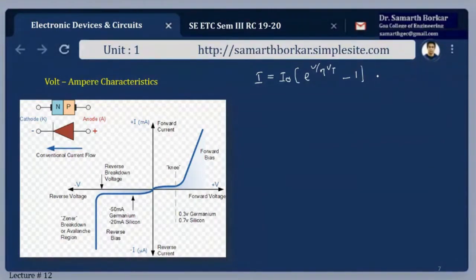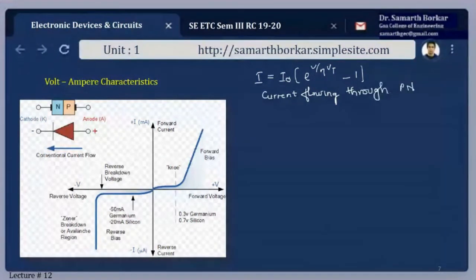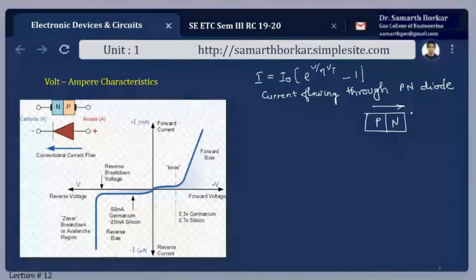Now, this is the current flowing through the PN diode. Now, the positive value of I means the current flowing from the P region to N region. So positive value of I means the current is flowing from the P region to N region.